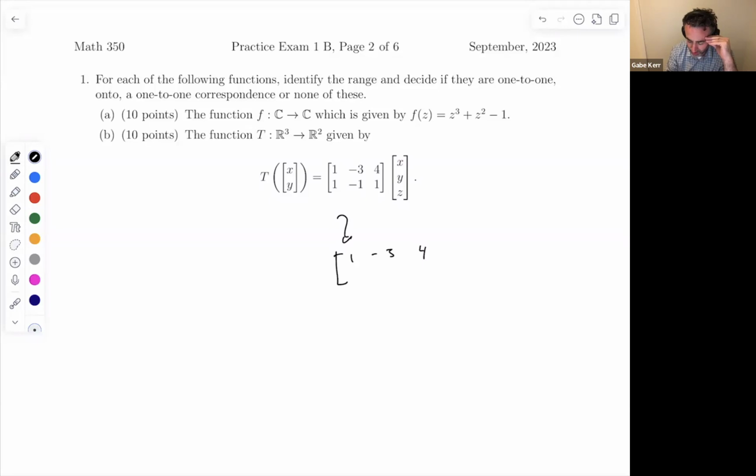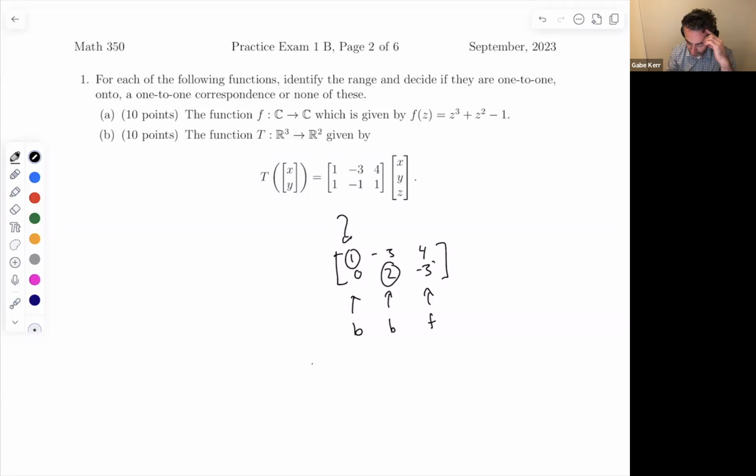I'm going to subtract the first row from the second. So I'll get 0, 2, and 1 minus 4 is -3. And this is my row echelon form, right? So I have 2 pivots, which means I have two basic variables and one free variable.